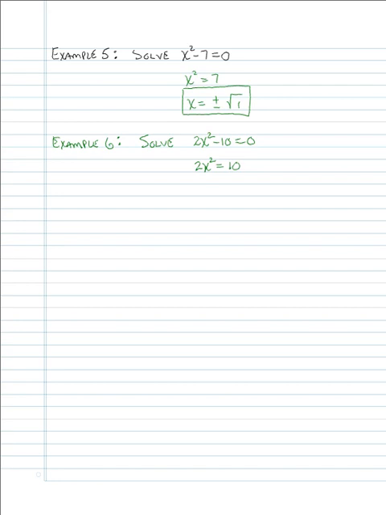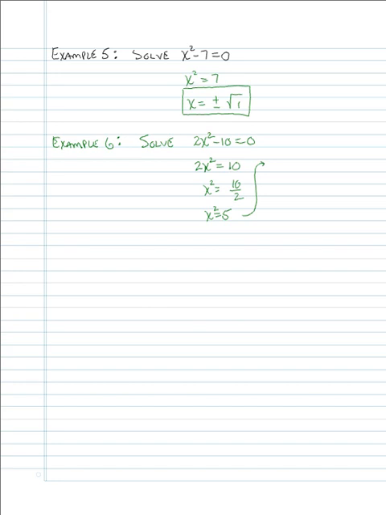So we're going to divide on both sides by 2 so that we get x squared alone. Of course, when we divide on the left side by 2, we end up with just x squared. And I've shown dividing on the right side by 2, but of course 10 divided by 2 is 5. So I'm going to save a little space here.